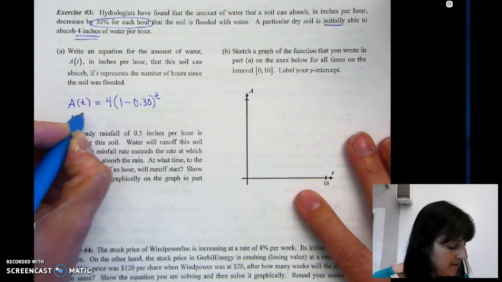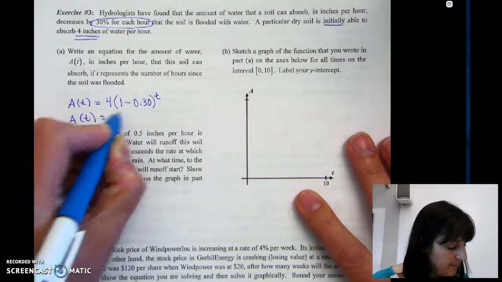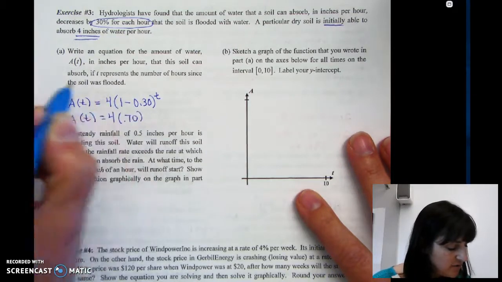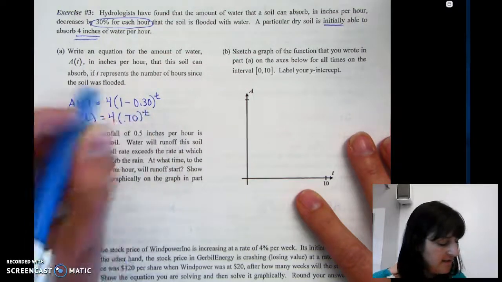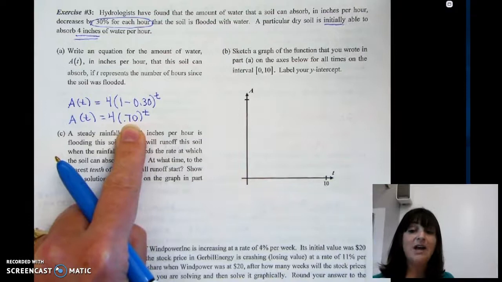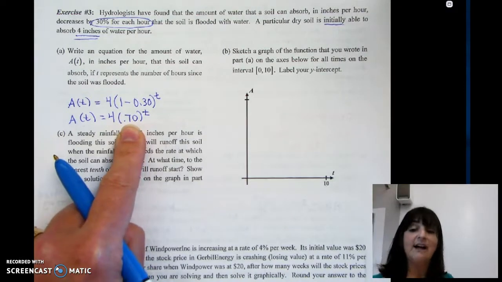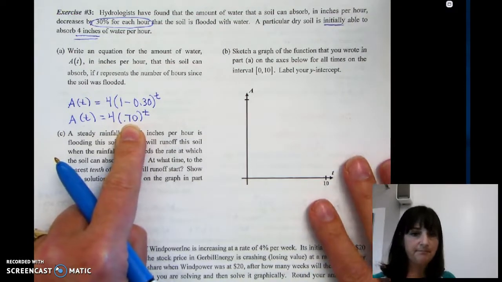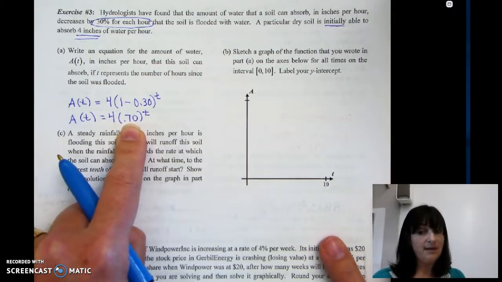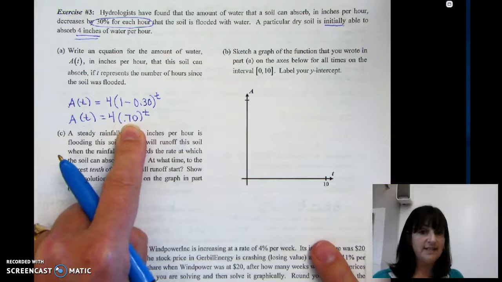So if we want to do the arithmetic there, we probably would want to write this as 4 times 7 tenths or 4 times 70 hundredths. So this is indicating to me that after each time interval, we have 70% left of what we started with. Notice that that number is smaller than 1, but still positive, which means we're going to be decreasing.